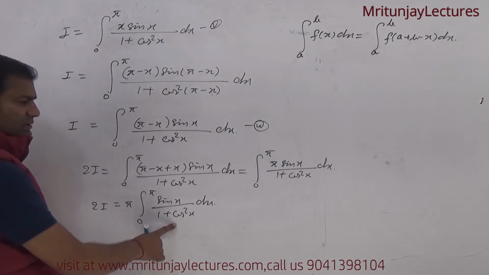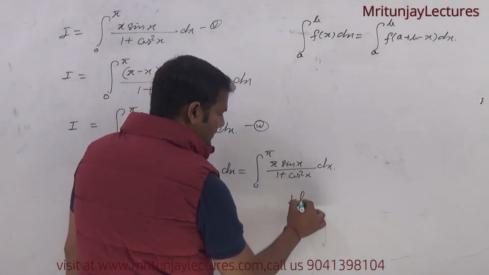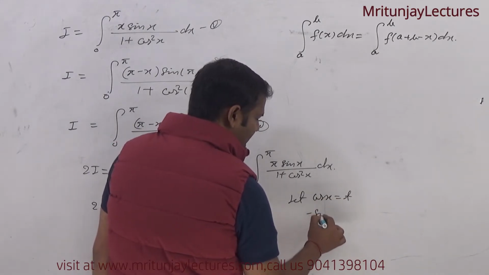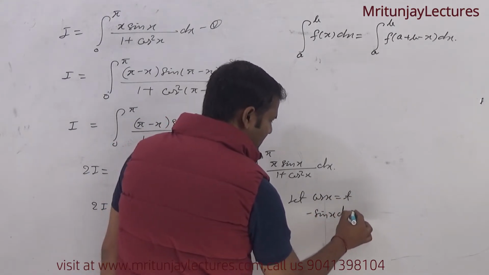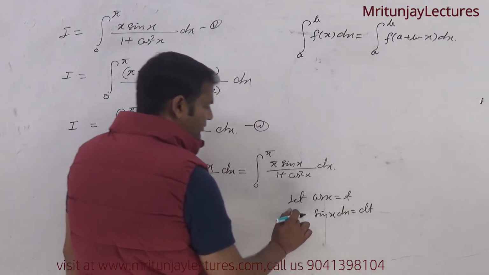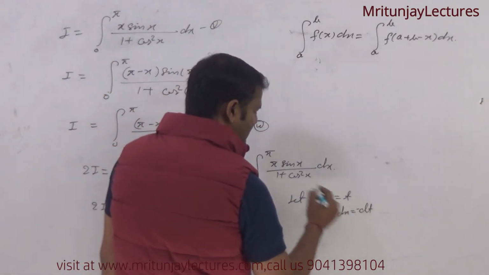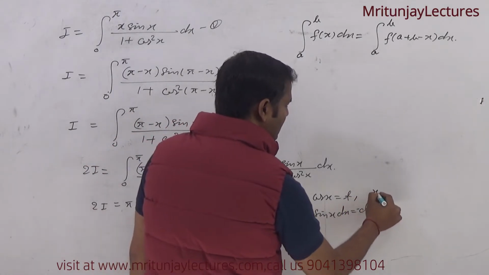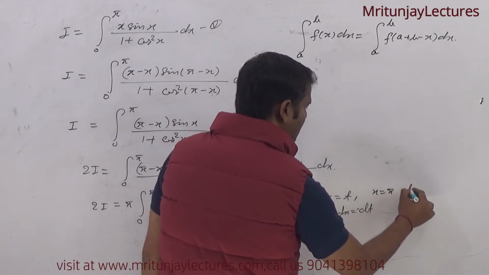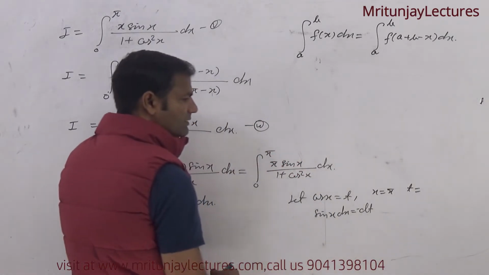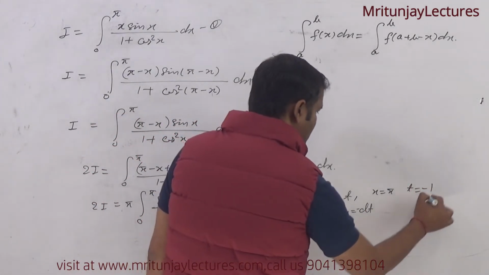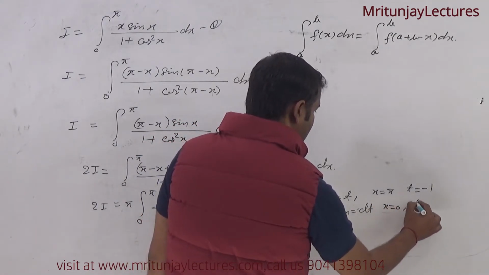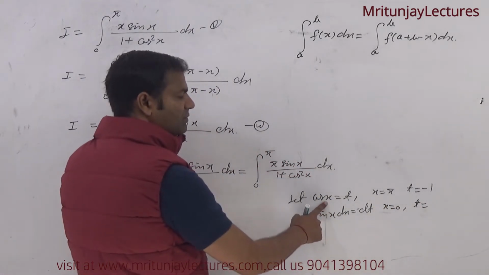Now let cos x be equal to t. Then sin x dx is equal to minus dt. Now if x is equal to pi, what about t? Cos pi is minus 1, and if x is equal to 0, then t is cos 0, which is 1.